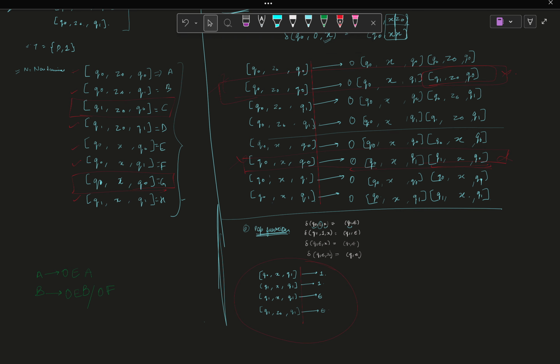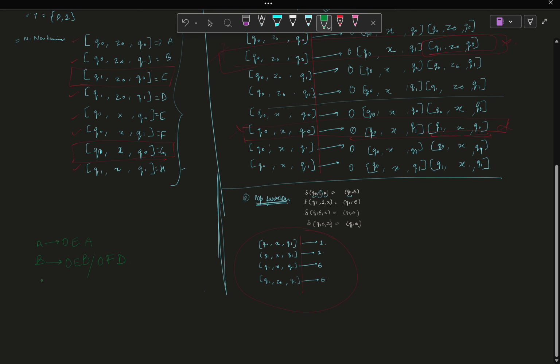So Q1 Z naught Q1 is D. So these are the two functions that we have for B. Okay, great.